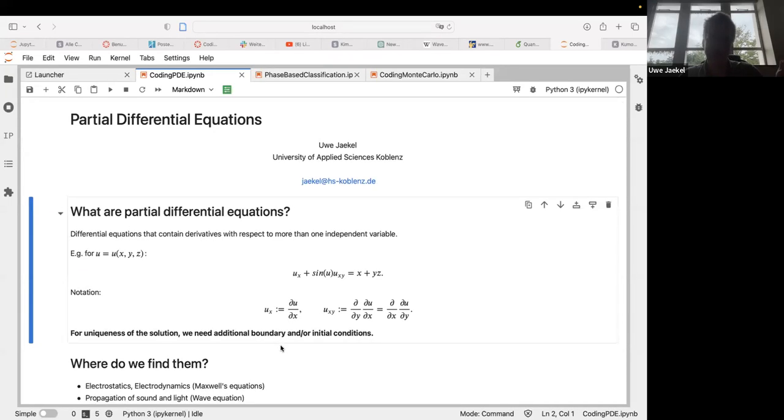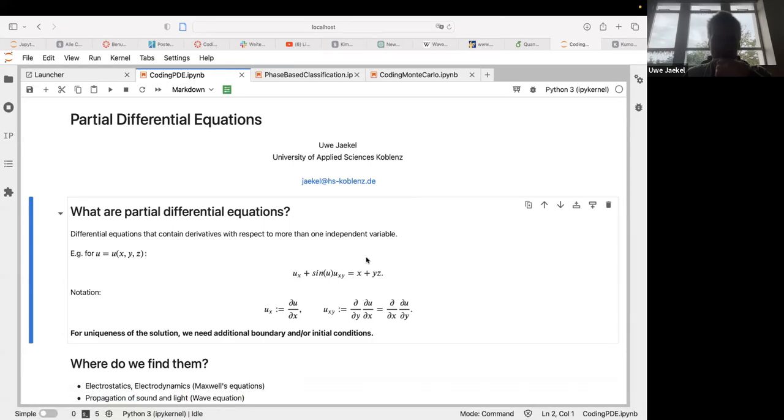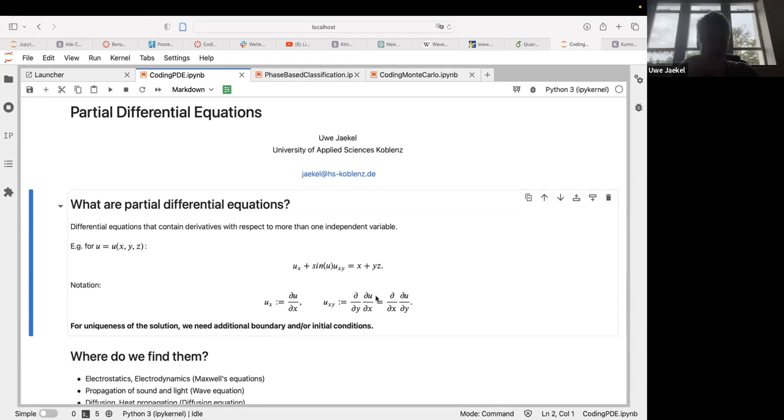But it depends a little bit on the application. So this should answer the question, what is a partial differential equation? It looks like this. This is a non-linear, non-homogeneous equation, but you don't have to care. I will show you a few examples.